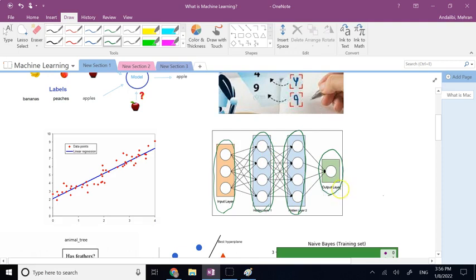So first of all, the first layer that you pass the input to, you call it the input layer. The last layer that you get the output from, you call it the output layer. And any layer between the output and input, you call it a hidden layer.